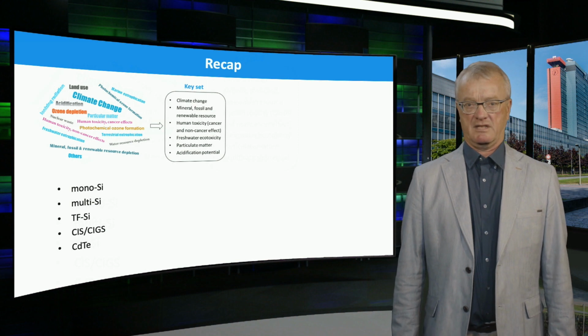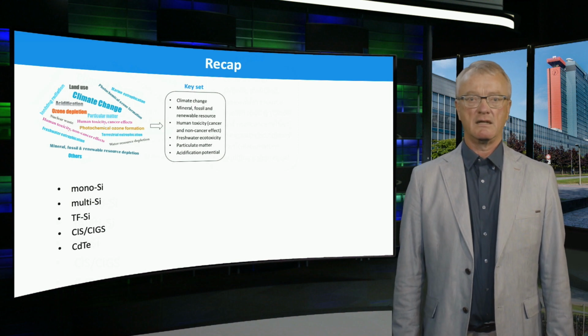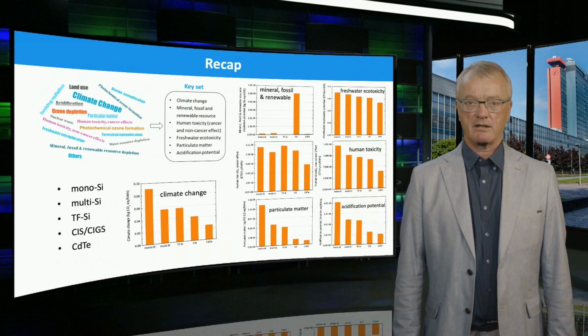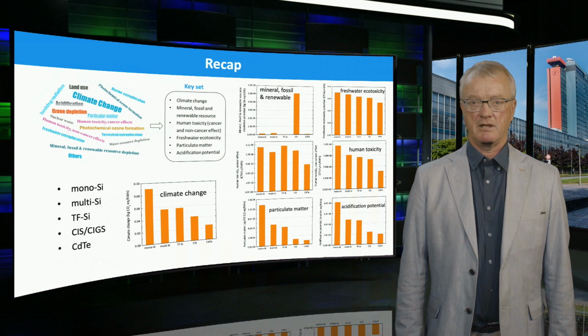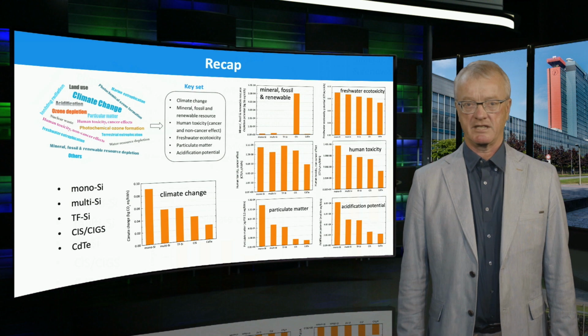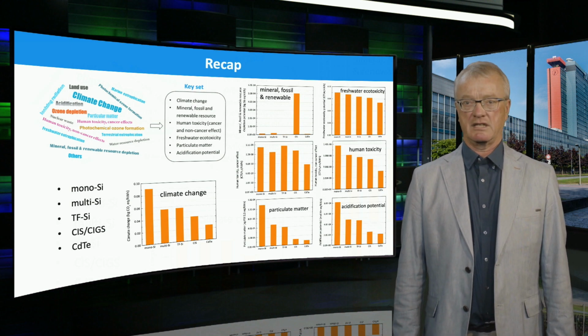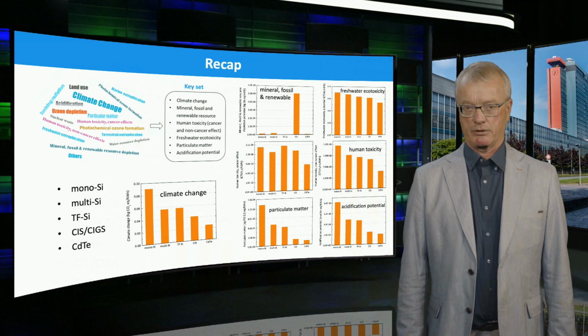Although the footprint is excellent for all technologies, we learned some critical aspects and how to minimize this impact. The PV technologies were evaluated from different perspectives, including climate change, mineral, fossil and renewable resource depletion potential, human toxicity, freshwater ecotoxicity, particulate matter and acidification potential.